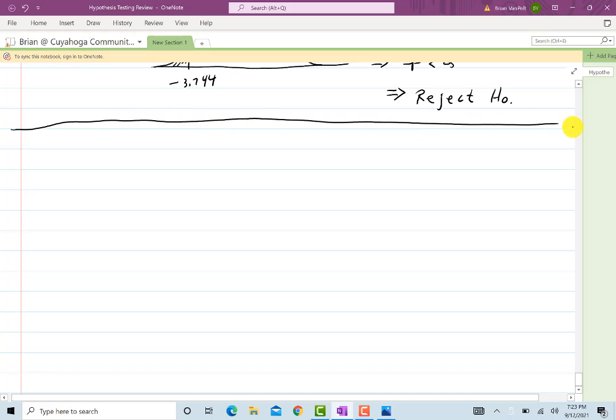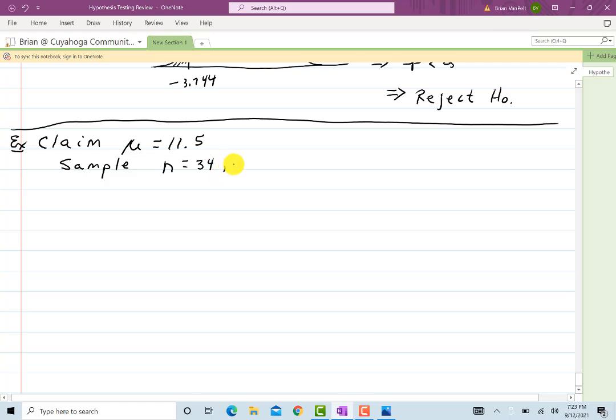And now let me do an example that involves an equality so that we have a two-tailed test. So the claim on this one is that mu equals 11.5. And the sample, we have n equals 34.